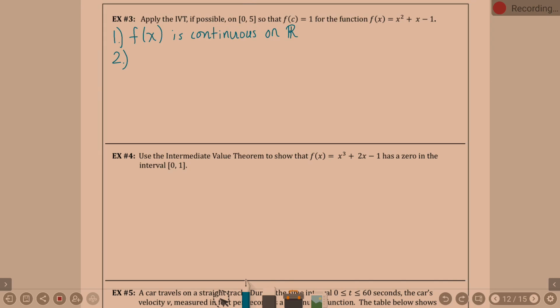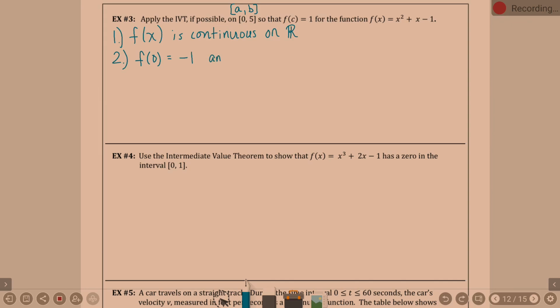But what do I mean f of a? The interval is a to b, so f of a is f of 0. What's f of 0 going to be? -1. Plugging it in, right? So f of 0 equals -1.